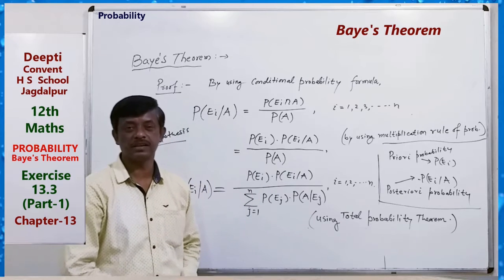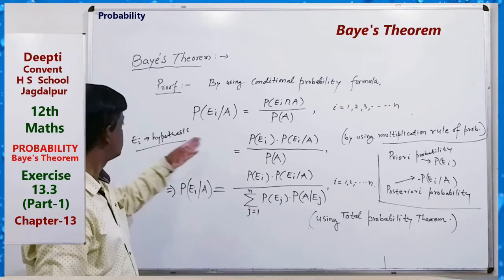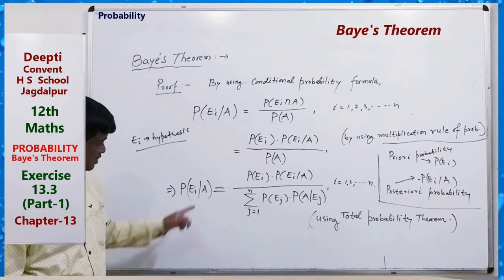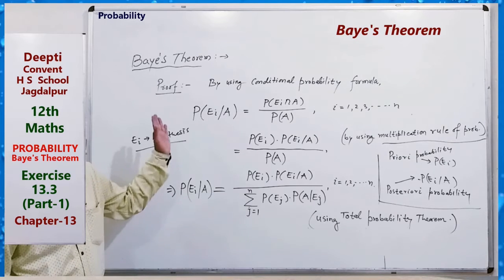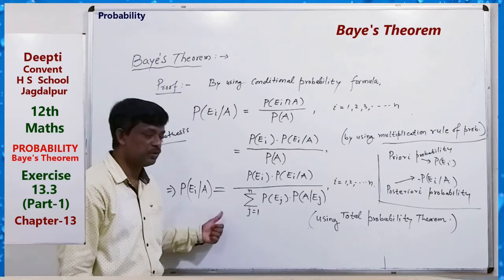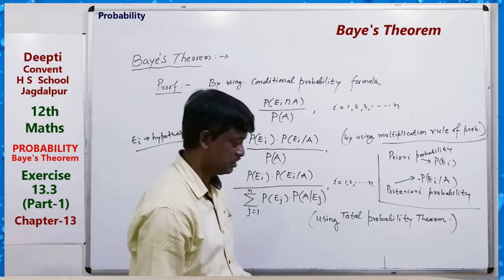In the case of Bayes theorem, Ei is known as hypothesis. Okay, so this is the formula of Bayes theorem. Clear? We have to use this formula for solving questions.